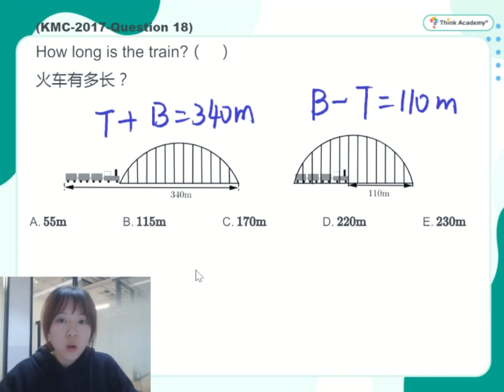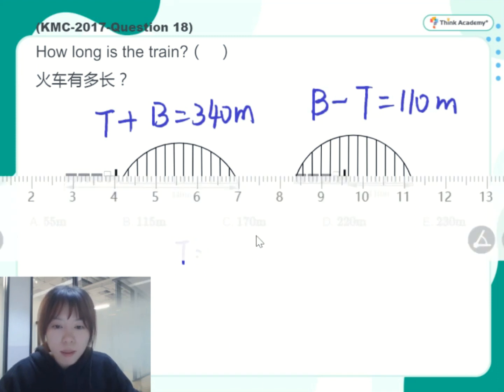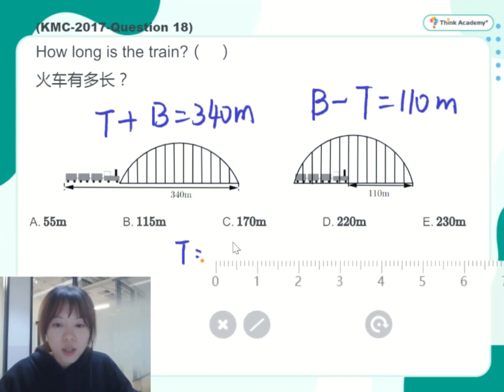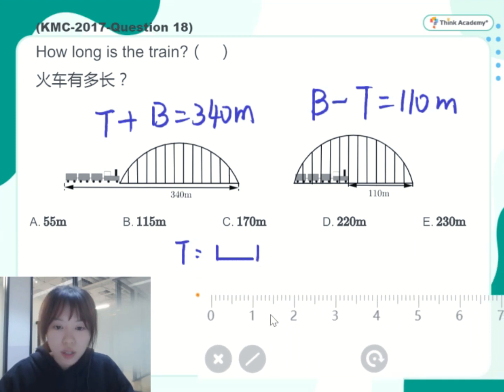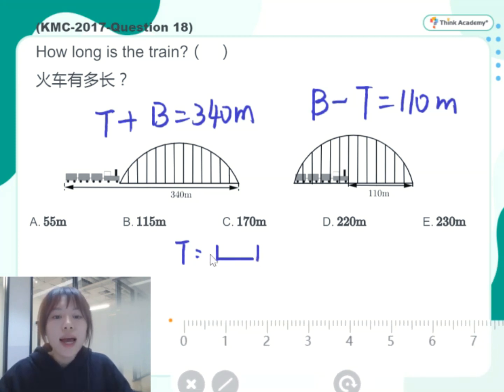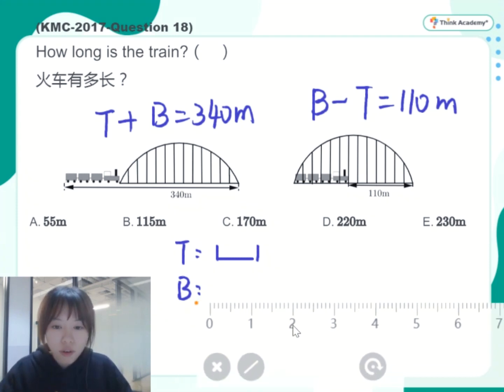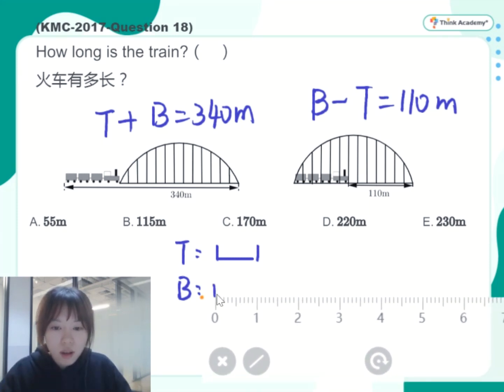So here we're going to draw the train first. I'm going to use my ruler to represent the length of the train. And for the bridge, the line is going to be longer because we know they have a difference.